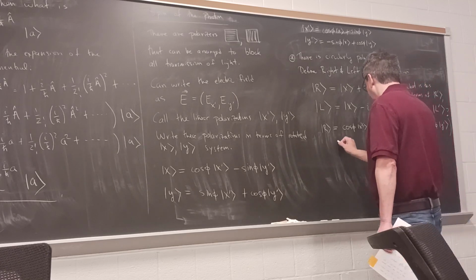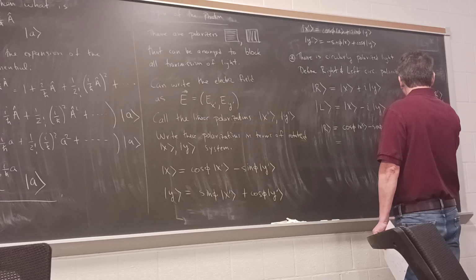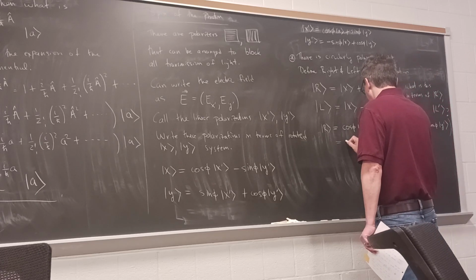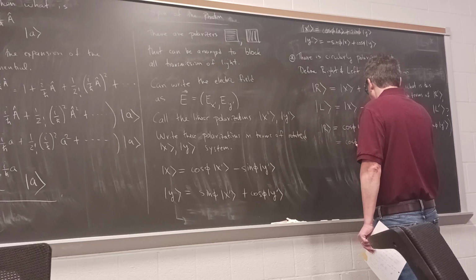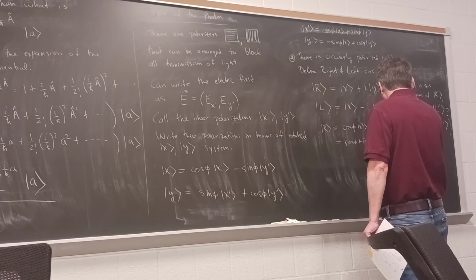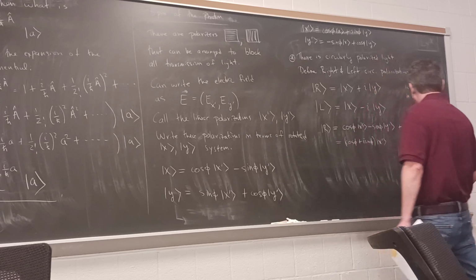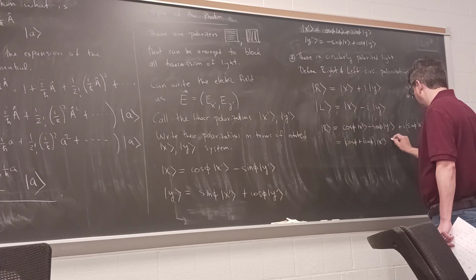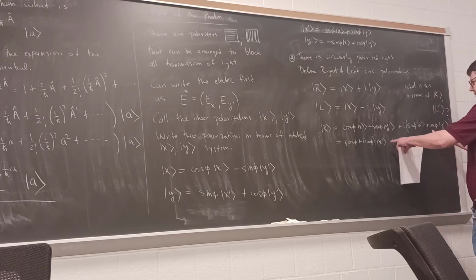So let's combine our x primes. I've got cosine phi plus i sine phi x prime. And then I've got, okay, what do I have here?